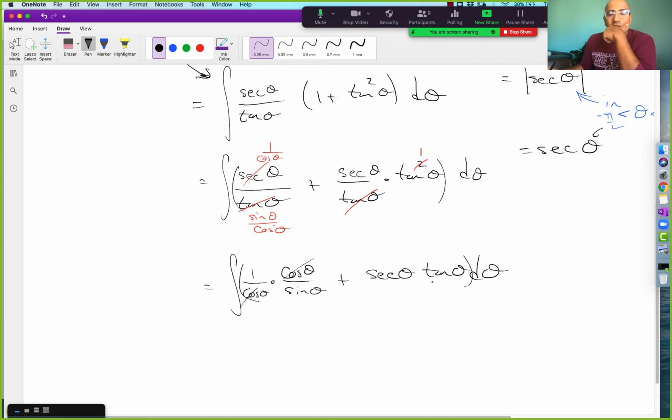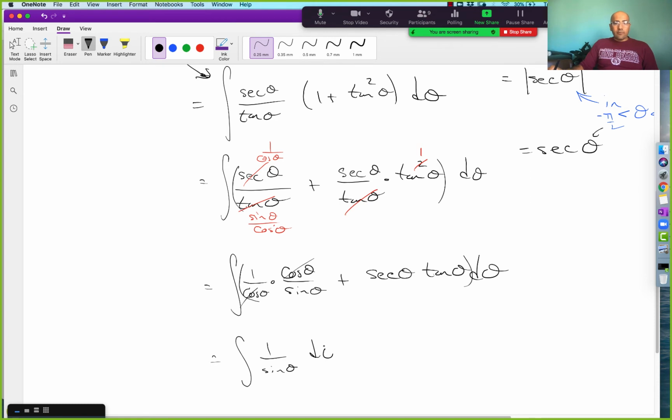So this one's one of our standard ones, right? The derivative of secant theta is secant theta tangent theta. So thinking about the antiderivative, going backwards, I can see that this one's just going to be secant of theta. And this one ends up being 1 over sine of theta. This is the integral of 1 over sine of theta.